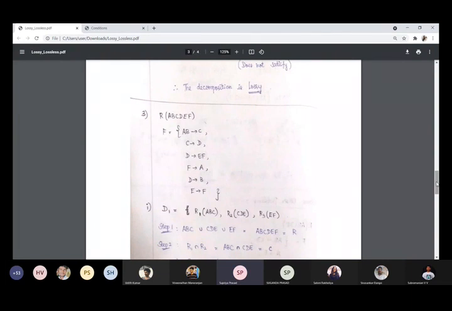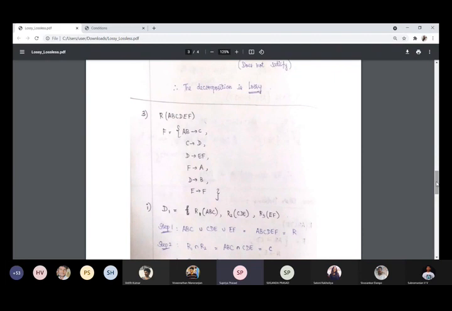Then we'll move on and find R1 R2, which is ABCDE, and the intersection with EF gives us E. E's closure will be AEF, and AEF can be a super key of R3.